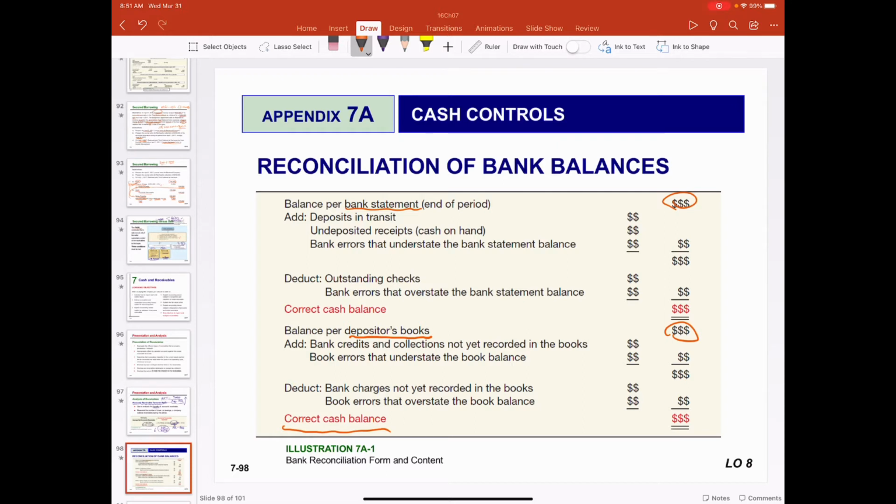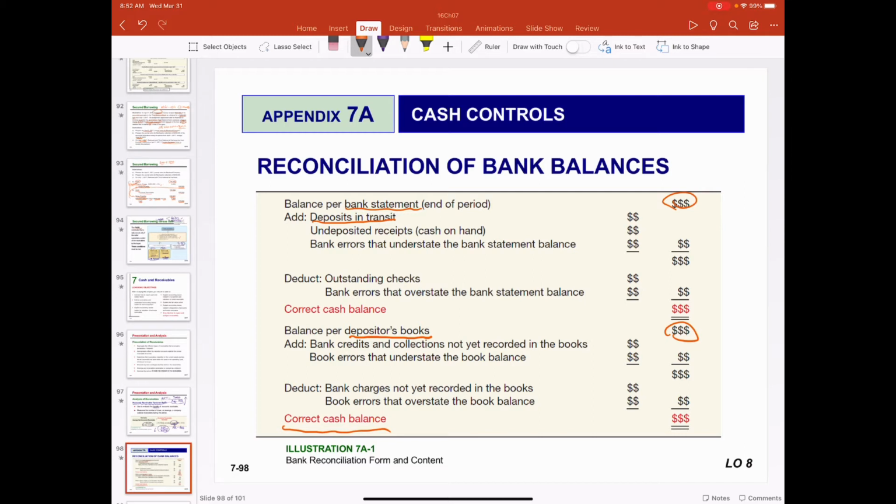In this table we have the list of the adjustments, or the reasons for the difference. For example, deposits in transit. This is cash inflow recorded in the firm's book, so we don't have to make an adjustment in the firm's book because it was already recorded.